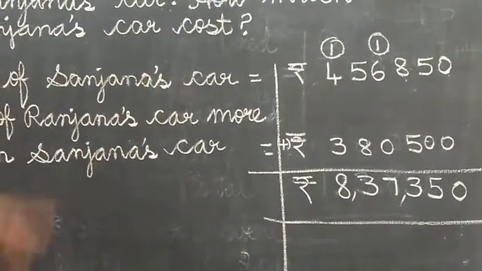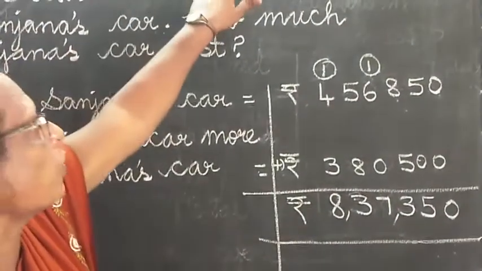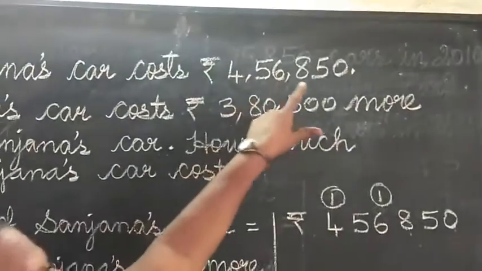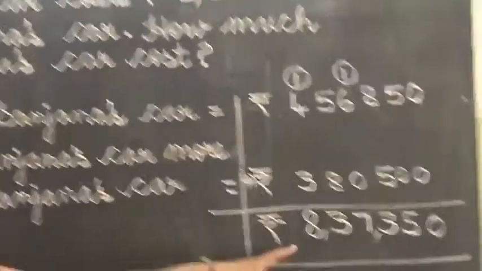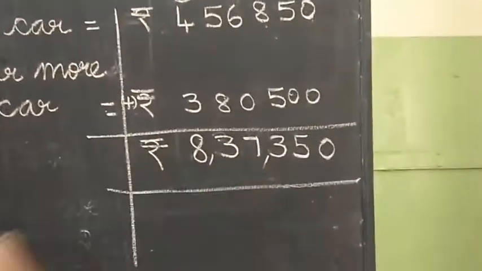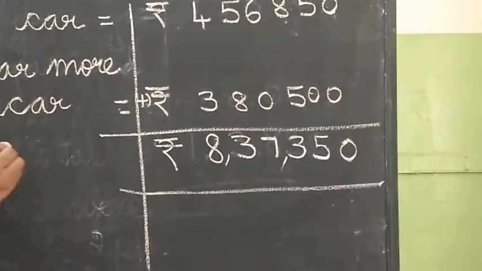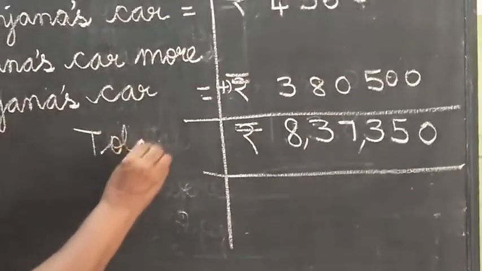See, Sanjana's car cost only 4,56,850. But see the cost of Ranjana's car, 8,37,350. So total will be put and we'll write the answer down.